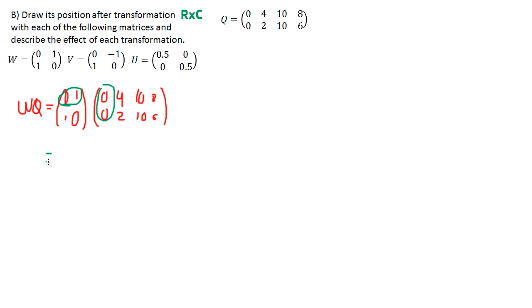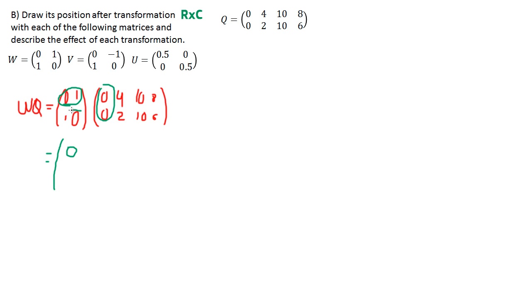Hopefully it won't look too bad. So the first thing we do is 0 times 0, that gives us 0, plus 1 times 0, so that'll be 0 at the top.